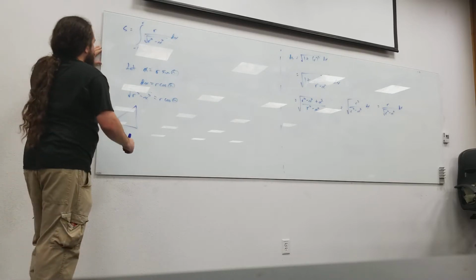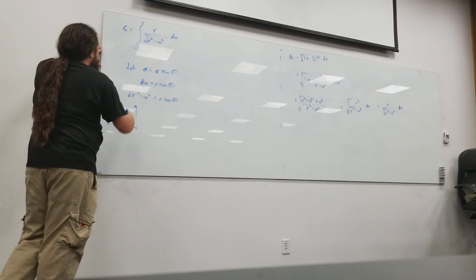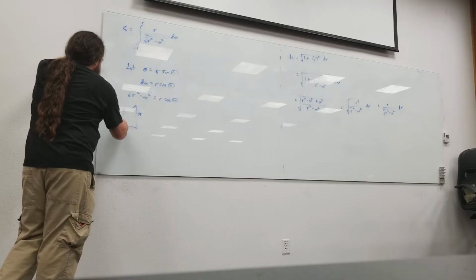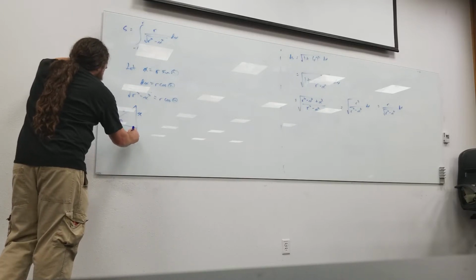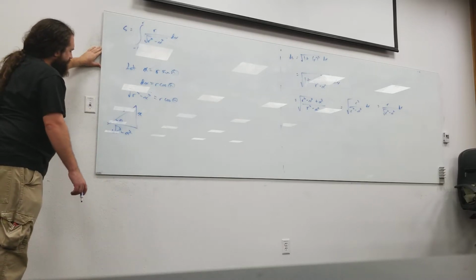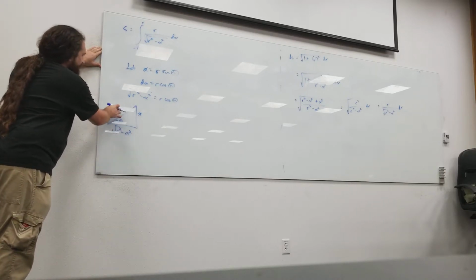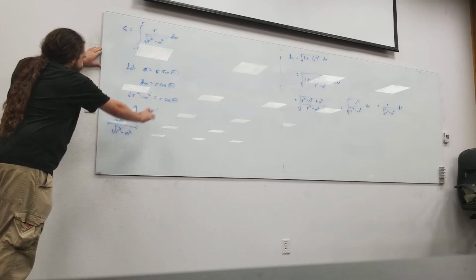Remember how that comes off of the triangle? Because what I've got is x over r is sine of theta. So that's my triangle. If I divide this by r, I get cosine of theta, so it's r cosine of theta.